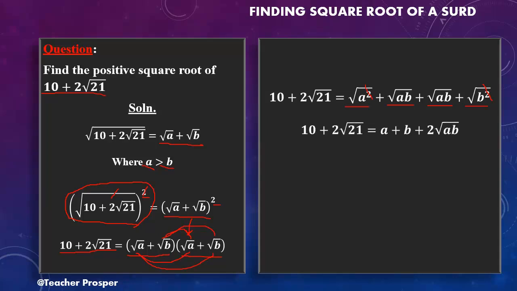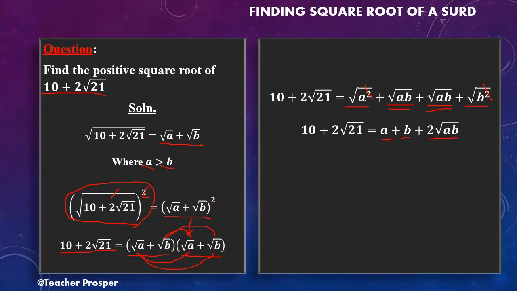So our next step gives us 10 plus 2 square root of 21 is equal to A plus B, plus square root of AB plus square root of AB, which will give us 2 square root of AB. We are adding the 2.